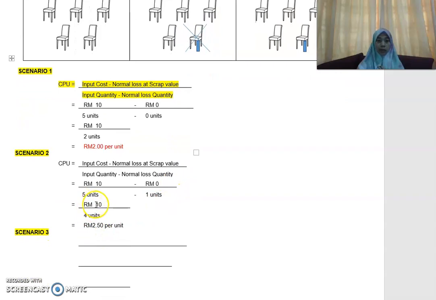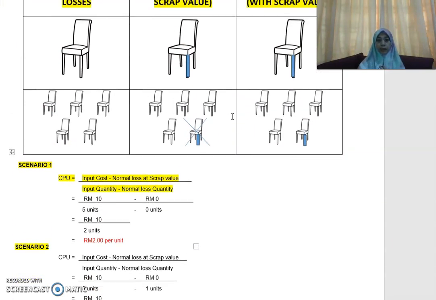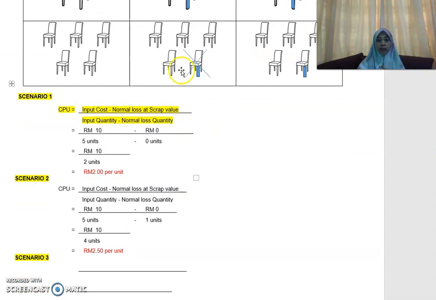The cost per unit is 10 ringgit divided by 5 minus 1 unit, because one unit is a loss. So 5 minus 1, you get 4, and 2 ringgit 50 is the cost per unit. That means the 50 cent cost of the lost chair will be shared equally among the remaining four, so each chair carries 50 cent more.